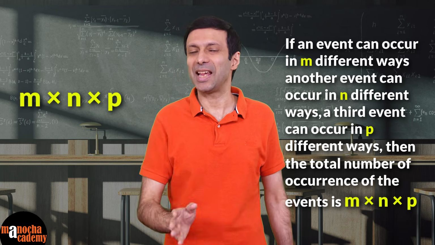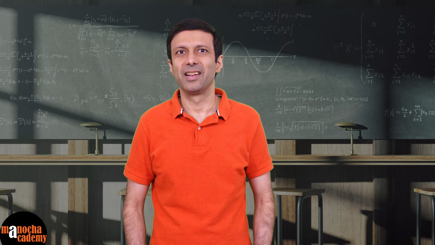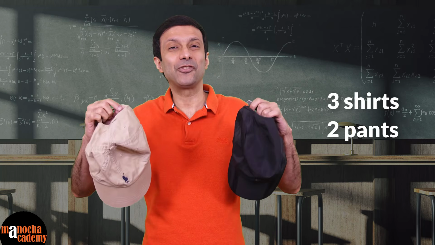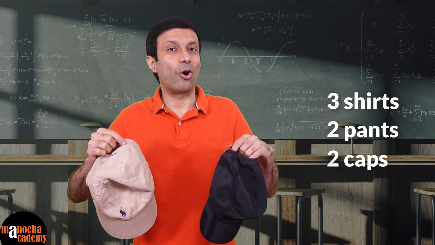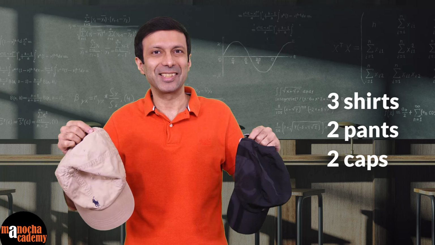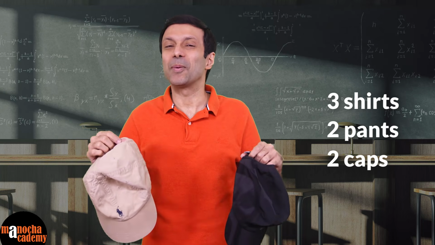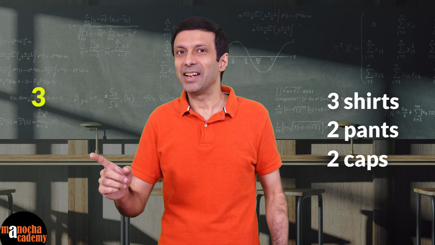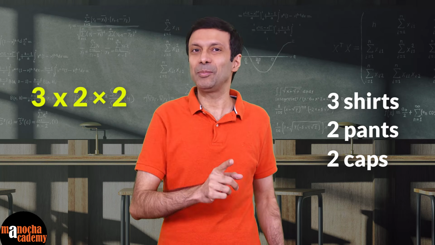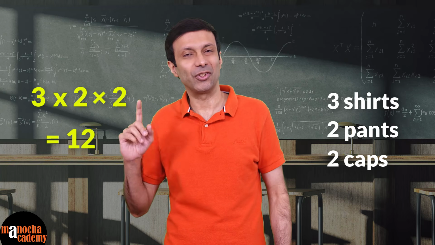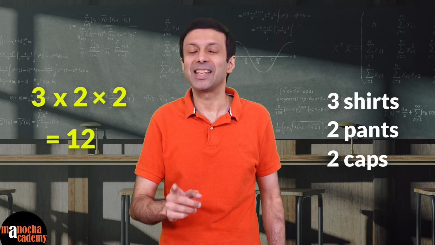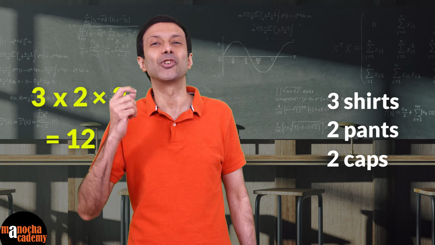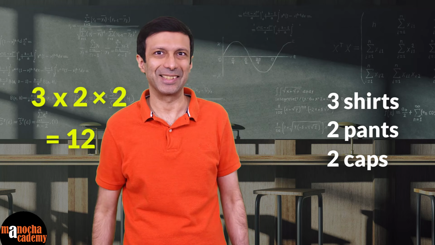So m times n times p. Now in addition to our 3 shirts and 2 pants, let's say I have 2 caps. So what are all the possible ways I can wear these things? That's right, you can apply this multiplication principle because it's going to be 3 times 2 times 2, which is equal to 12, because there are 3 shirts, 2 pants and 2 caps. So if you multiply them out, you're going to get a total of 12 possibilities.